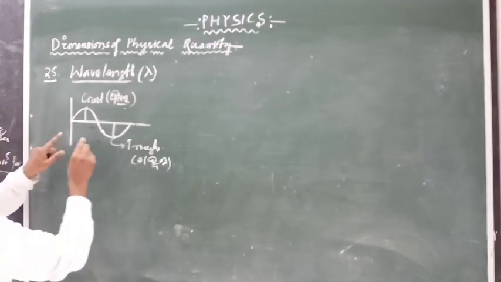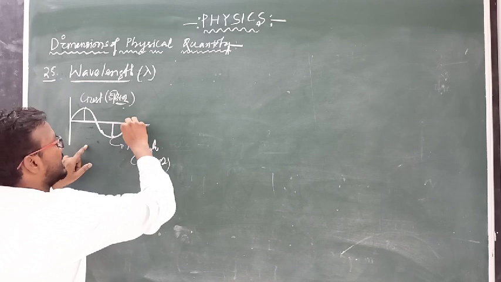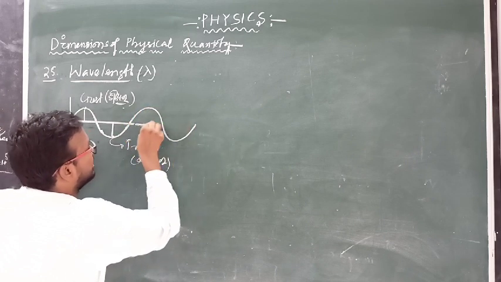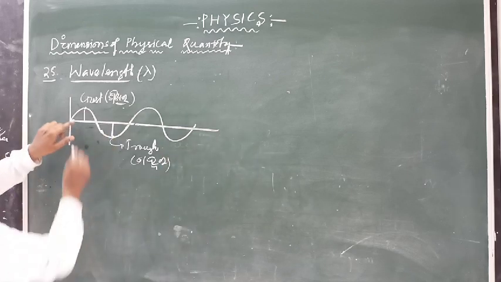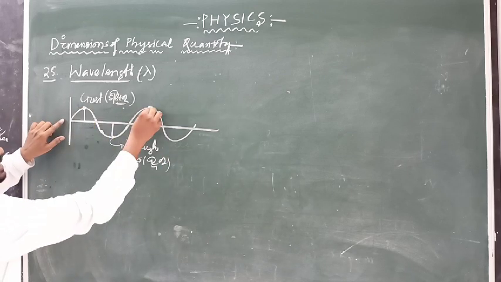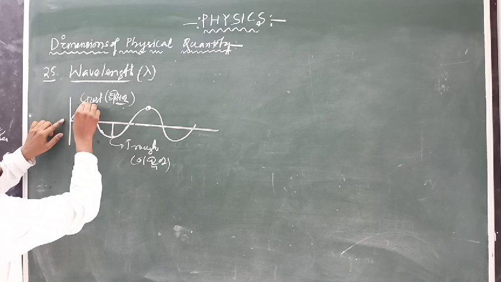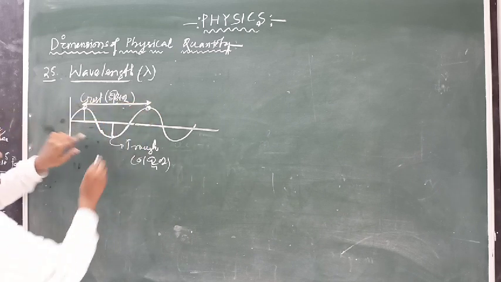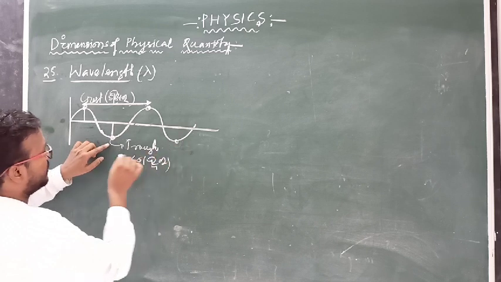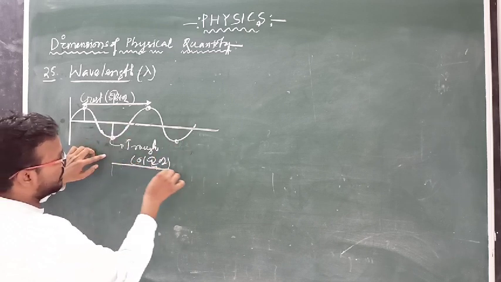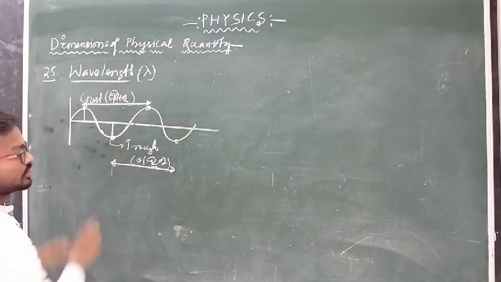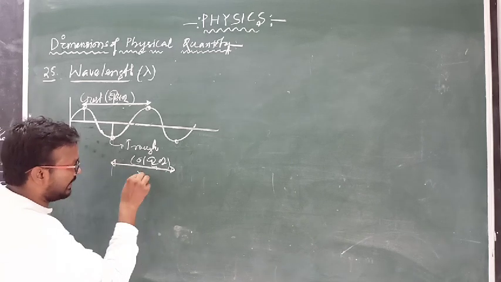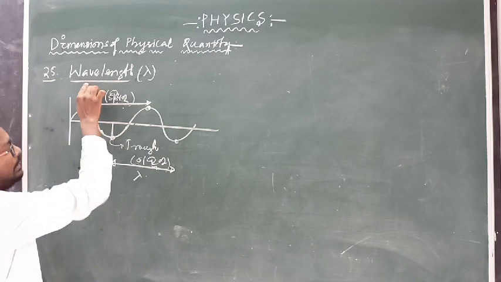The wave is traveling through this medium in this direction. Here is a crest, and this point is a crest. The distance between crest to crest, or trough to trough, is known as wavelength. Lambda is called wavelength.